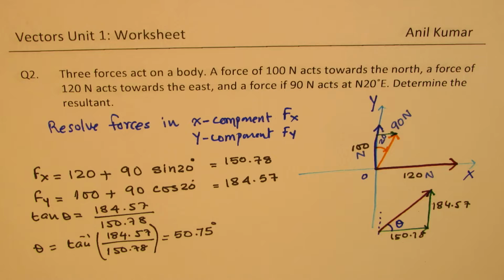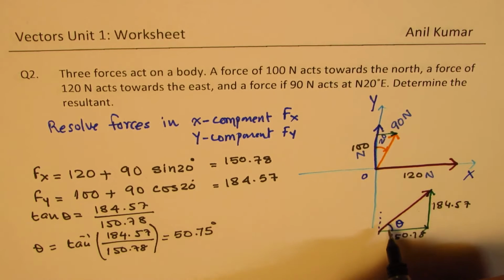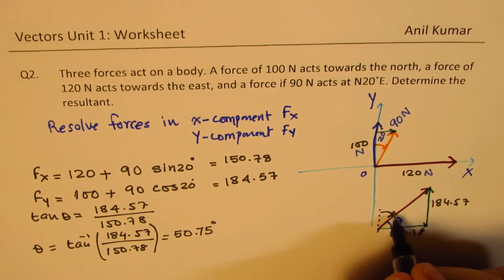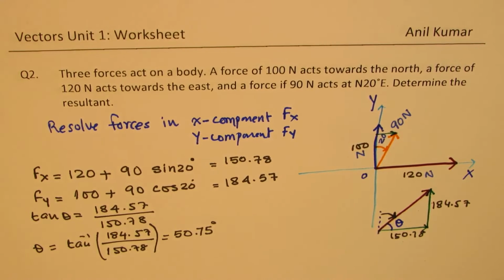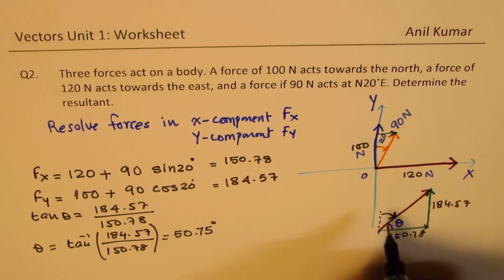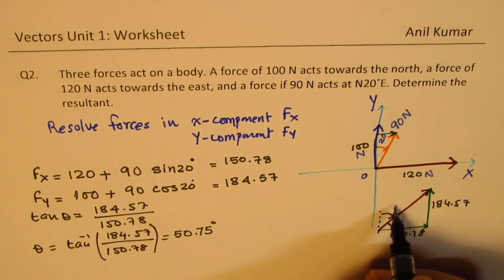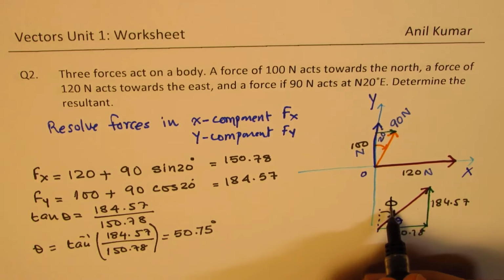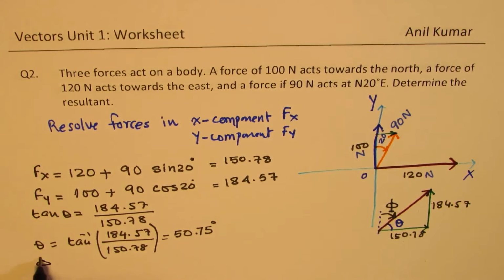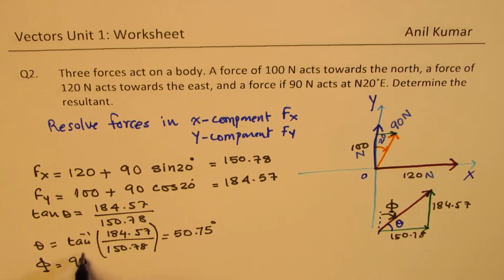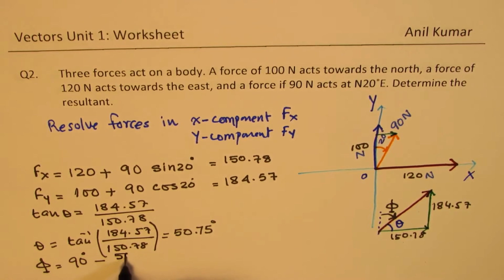Now note, if you have to describe this in the fashion given here, there are different ways, right? You can write it as a bearing angle, but a good way is always to write the angle from the north, right? So we have to figure out what is this angle from the north. Let's call this angle phi. So the angle phi is 90 degrees minus 50.75 degrees.